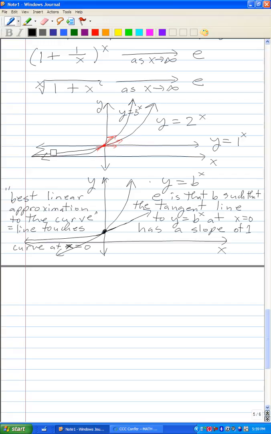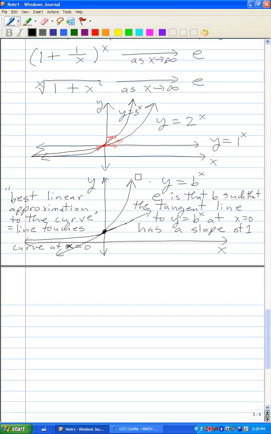And y equal 1 to the x, well, it has no slope, it has a slope of 0. So somewhere, for some value, this has a slope of 1. And so I call that value of that base the value e. And so that's how I define e.